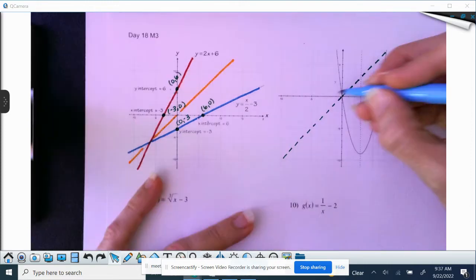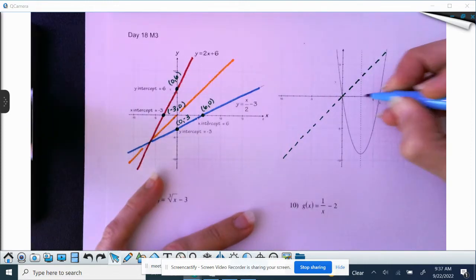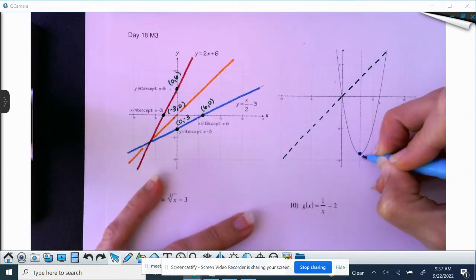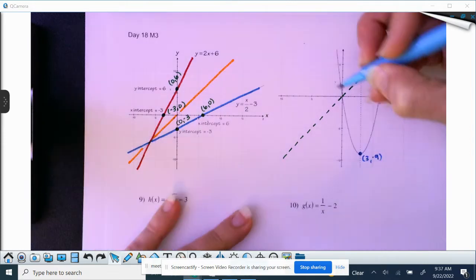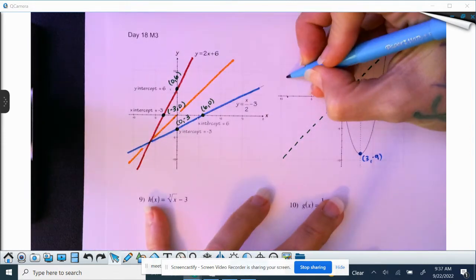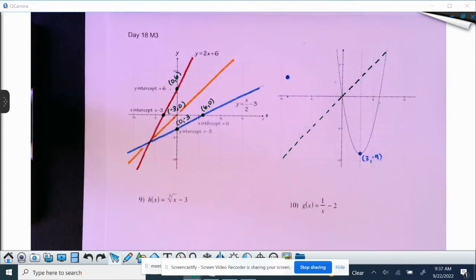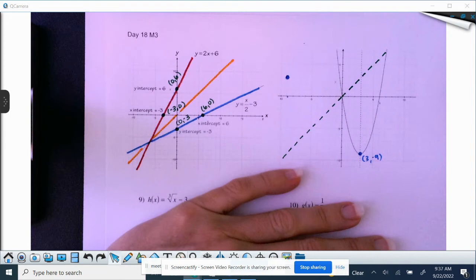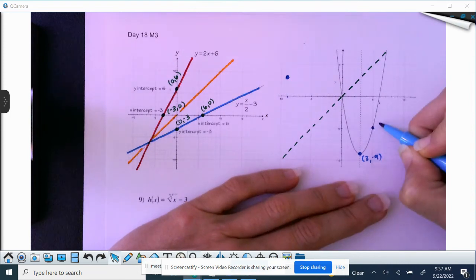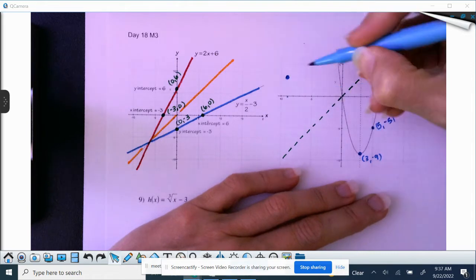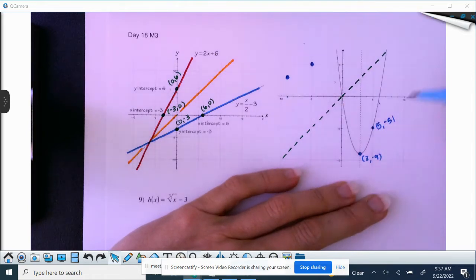So in this case, it's (3, -9), so at (-9, 3) should be the start of your other graph. And then we're only going towards positives, but let's grab another one. So (5, -5) means that at (-5, 5), we're going to go up to positive 5, and then we're going to keep going this way.